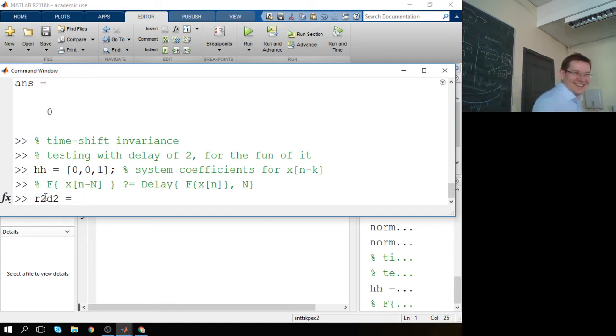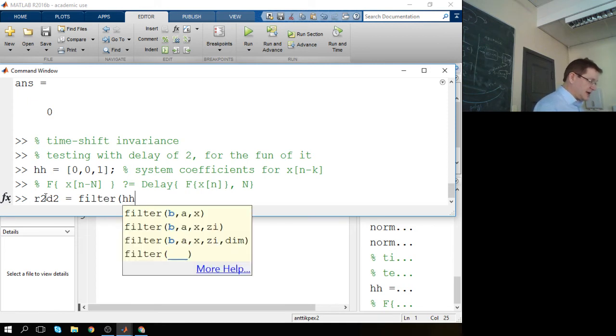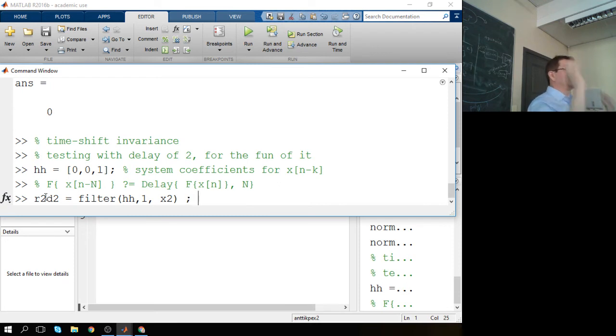Okay, just the time delayed input that I will feed into the system, and then without the delay, I will feed the same thing and see what happens. So R2D2 equals filter of HH1 and the X. Well, did I use X1 or X2? At this point, I can actually use just the test vector X2. It really does not matter as long as your test vector is random.